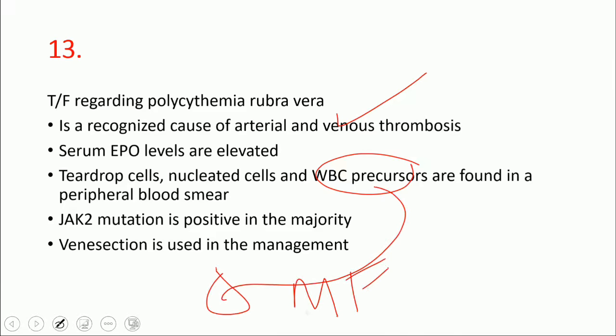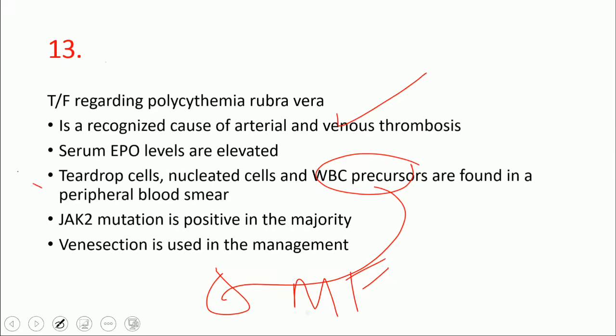In myelofibrosis, what happens is there is a proliferation of fibroblasts in the bone marrow, right? And that pushes out the immature cells, white cells, red cells into the circulation. Because the fibroblasts are proliferating, the bone marrow is fibrosing, it's pushing out the immature red cells and white cells into the circulation.